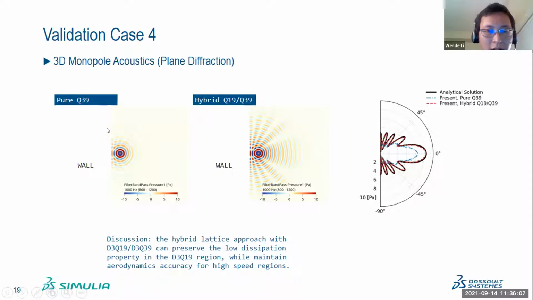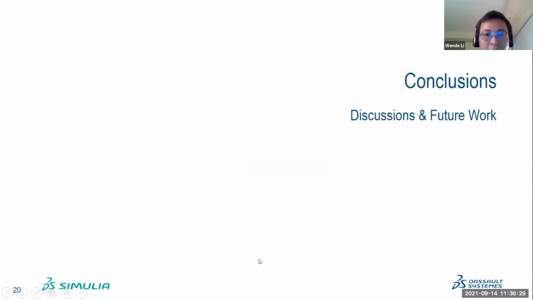There is more dissipation in this lattice, and the hybrid one will match better with the analytical result. So the conclusion is the hybrid lattice can preserve the flow dissipation property of the D3Q19 region while maintaining the aerodynamic accuracy for the high-speed regions.